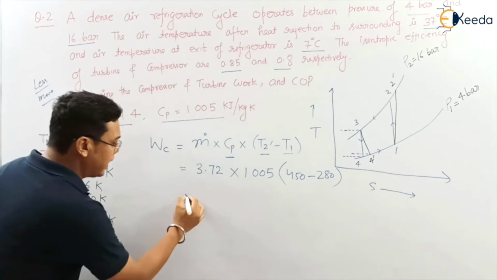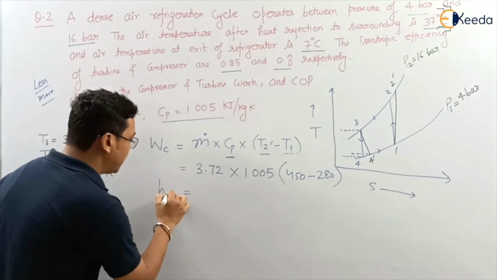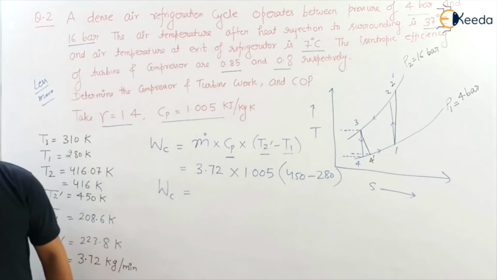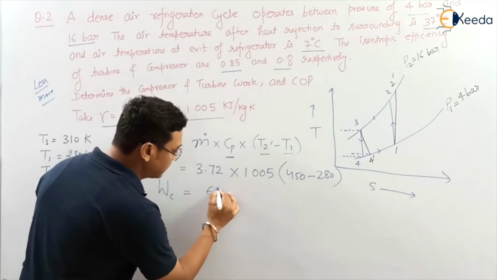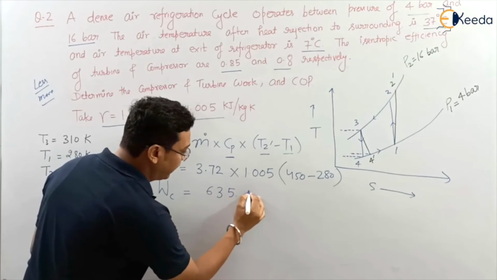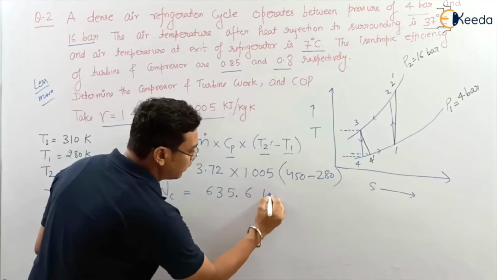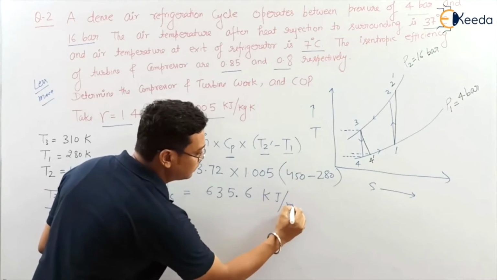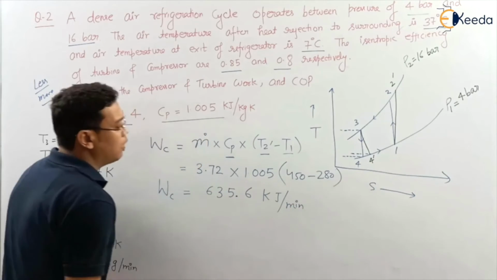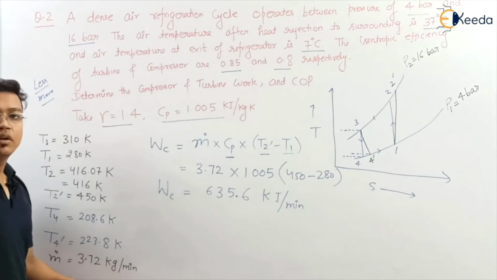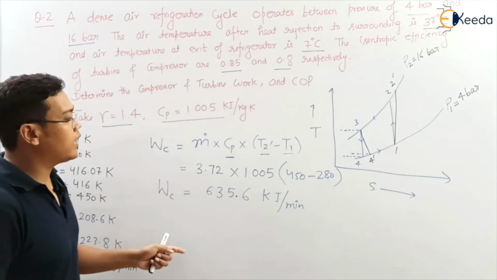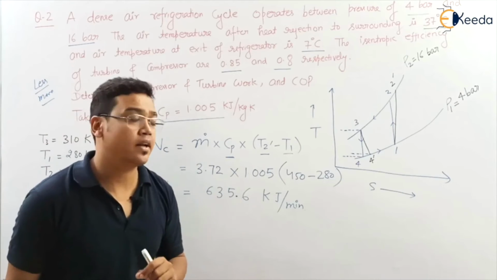If I calculate WC through the calculator, this will be 635.6 kilojoule per minute. Okay friends, this will be the work done through a compressor.